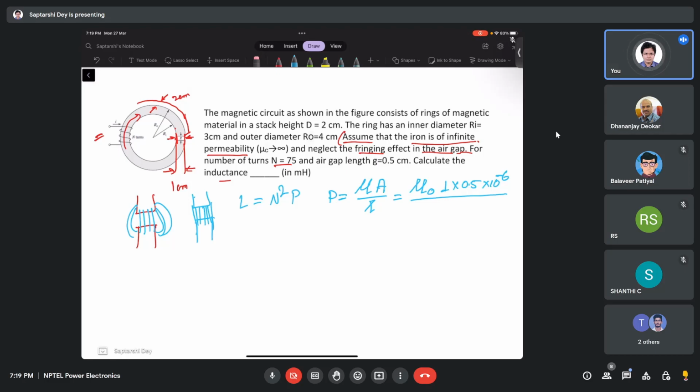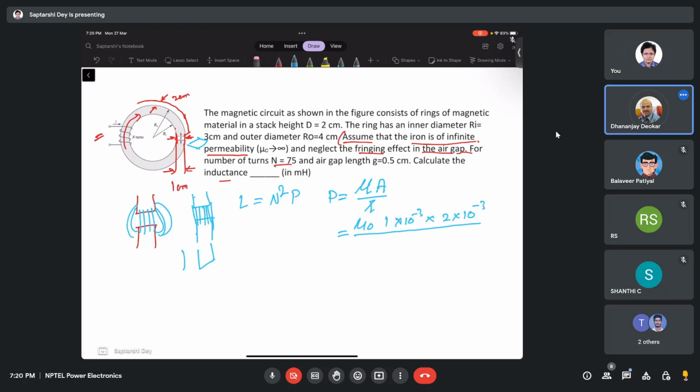Sorry, area is this area, this cross section area of the air gap. So mu naught, that is this thickness, 1 centimeter, into the depth of the core. You understood, no? This is the core.